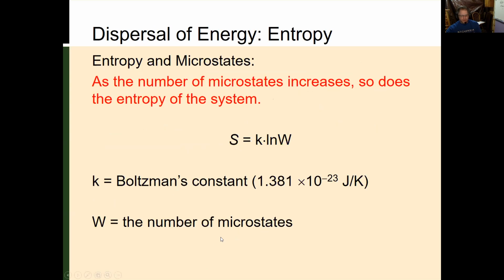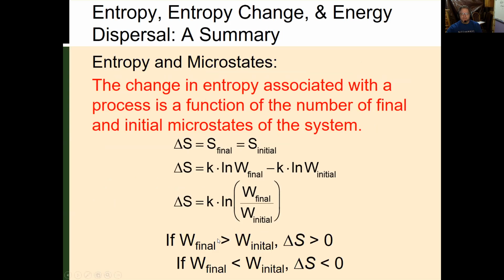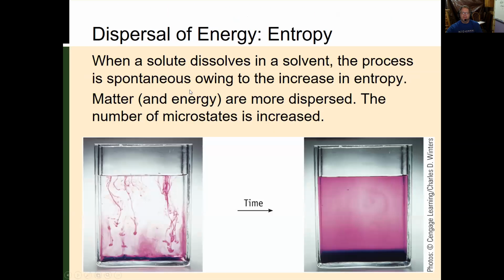You remember in one of the lectures, I went through all the possible arrangements of molecules, okay? Delta S is final minus initial. Oops, sorry about that. So if I have more states in the final versus the initial, I have an increase in entropy. If I have fewer possible states, I have a decrease in entropy.